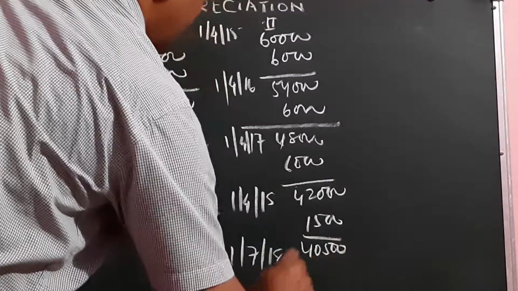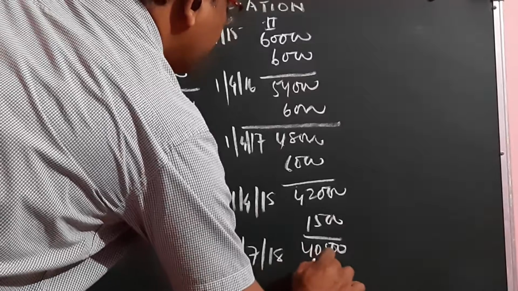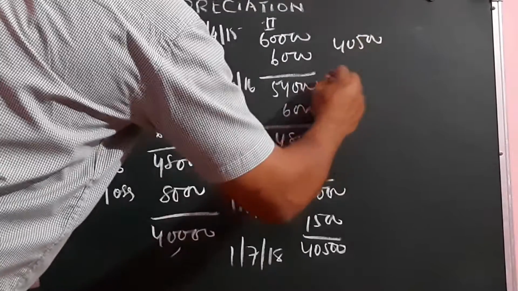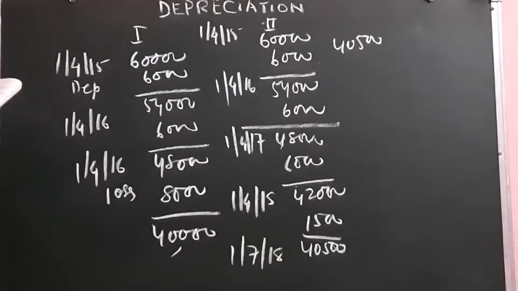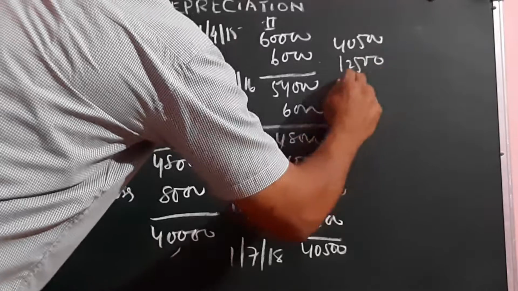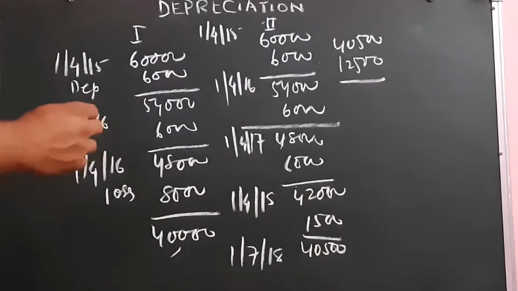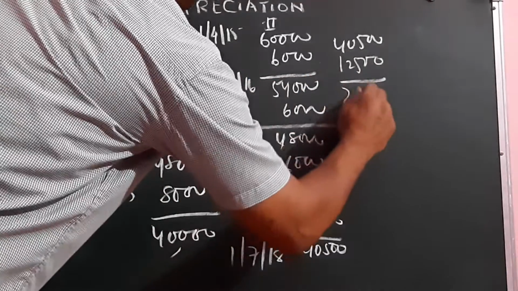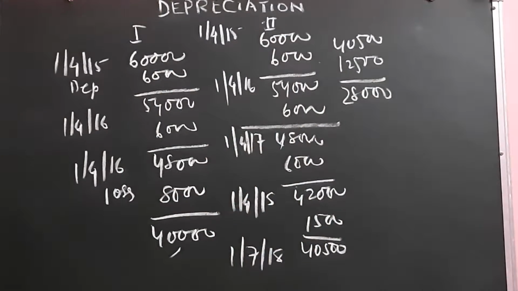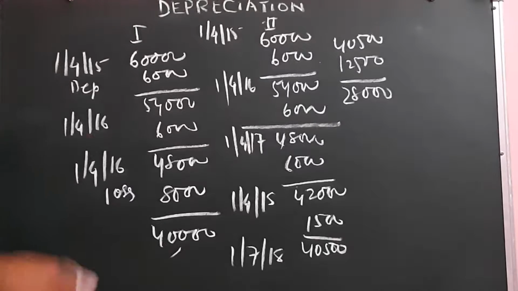And it has a loss of 12,500 on 40,500, so the selling price will be 28,000. So first we have to calculate the selling price of these two machines. Now next, we have to prepare the machinery account for the 4 years.